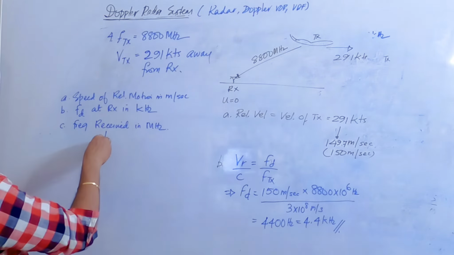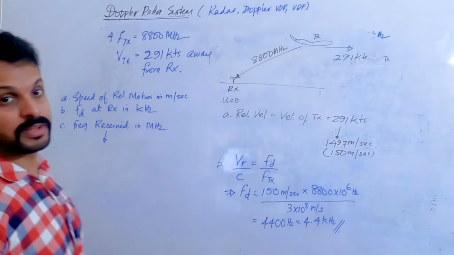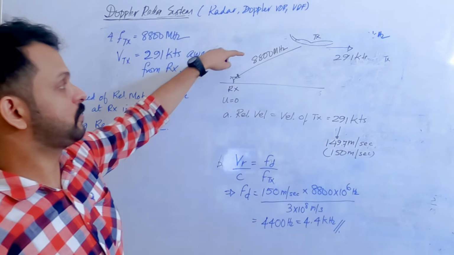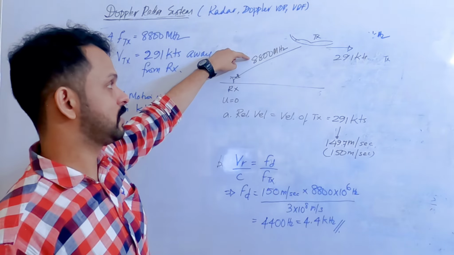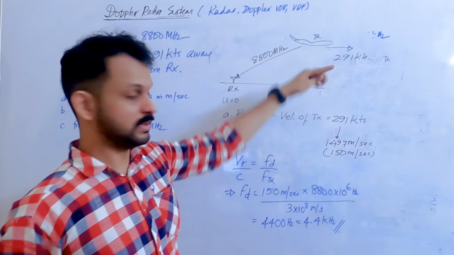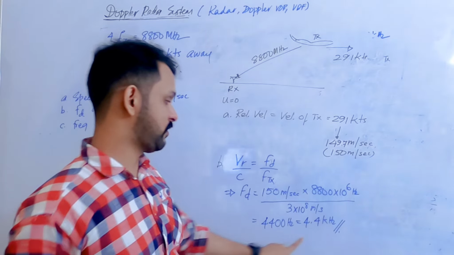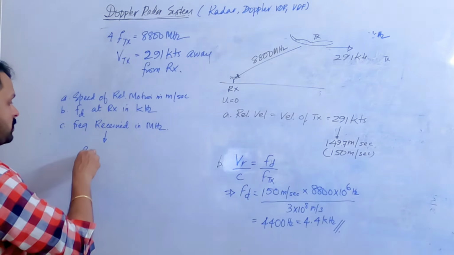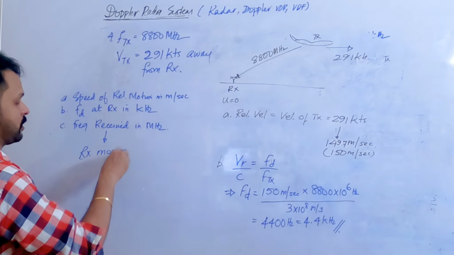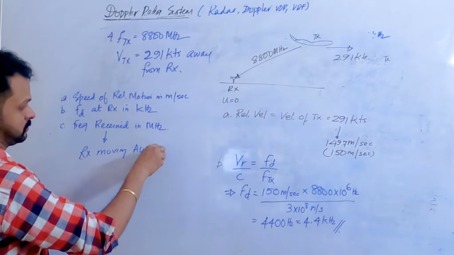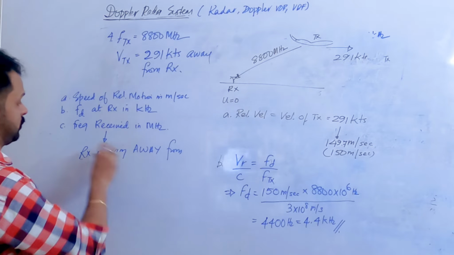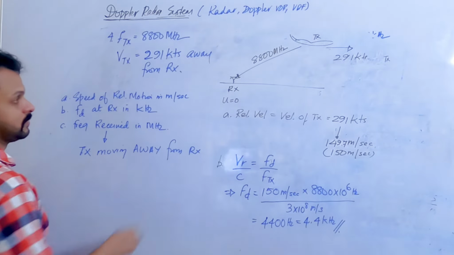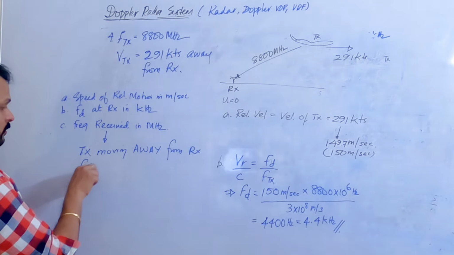And the third one, you have to find the frequency received in megahertz. If the frequency of transmission is 8800 megahertz and the aircraft is moving away from the station with a frequency shift of 4.4 kilohertz, the transmitter is moving away from the receiver.